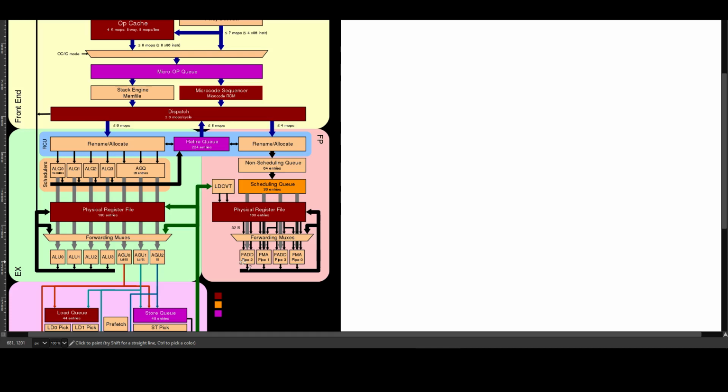So if we have some dependency from one instruction to the next, we need to look further forward in the instructions to find one where we don't have a dependency. And if we have a lot of dependencies back to back, we might find that the next independent instruction is too far forward for the processor to find, because either the instruction queue will be full, or the out of order window.